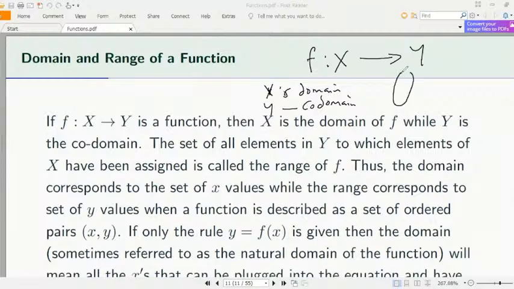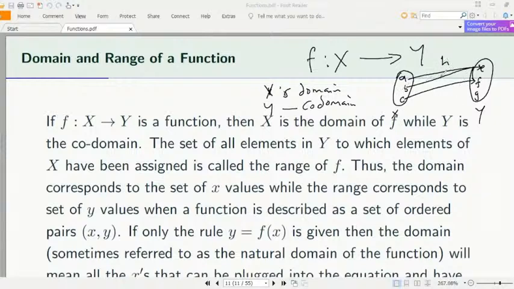I have X here, and I have this Y. I have A, B, C, and E, F, G. A is assigned to E, B is assigned to E, and C is assigned to F. This H is a function because I can see that every element in X has an image, and a single image. So H is a function.